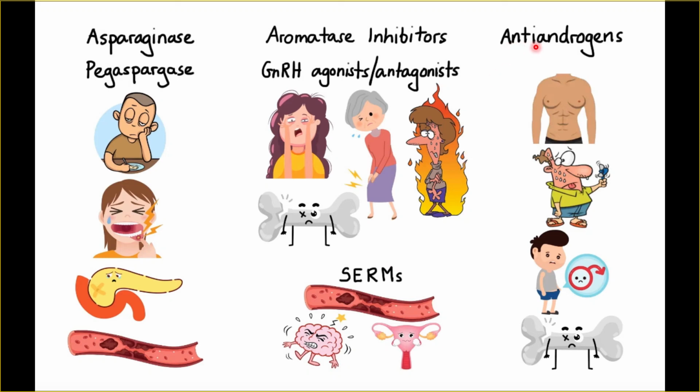And for the anti-androgens, in men we commonly have gynecomastia, increase in the breast size, that is unusual in men. Also hot flashes and sexual dysfunction, or like impotence, and also osteoporosis. So these are the drugs that influence the hormones and also aromatase inhibitors.